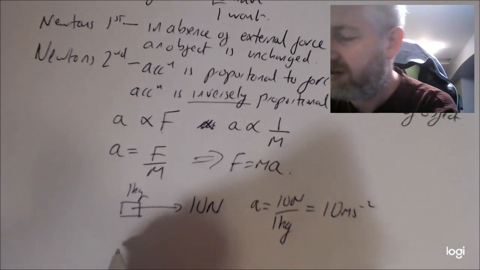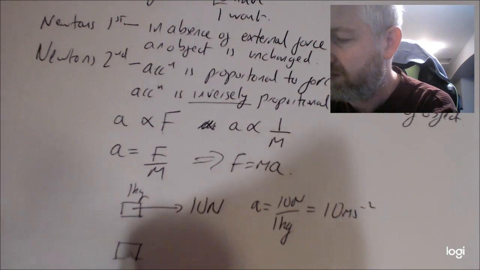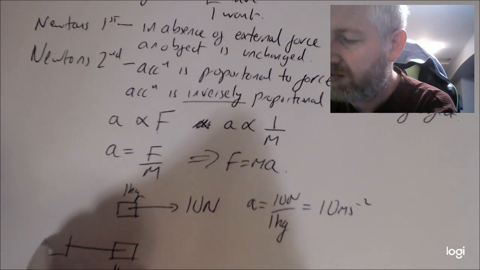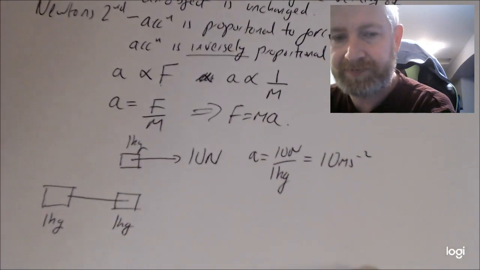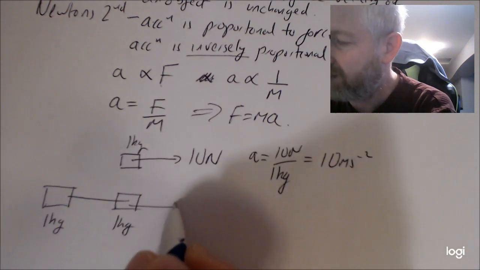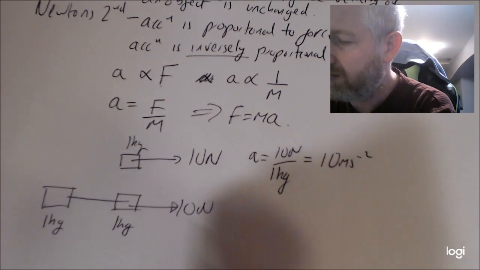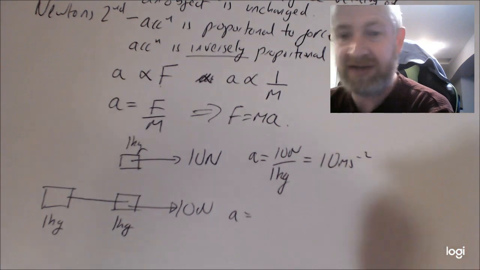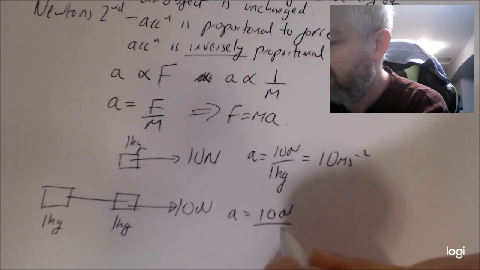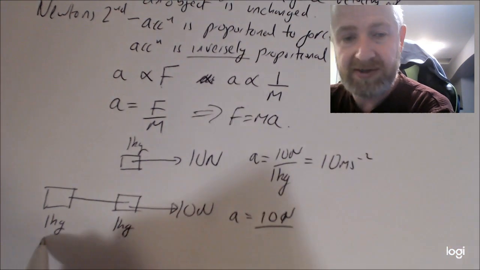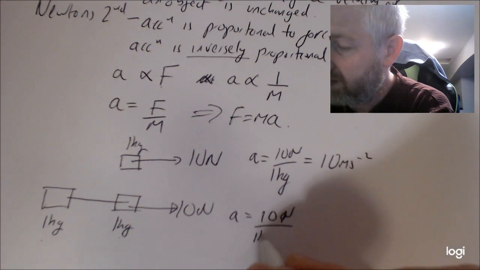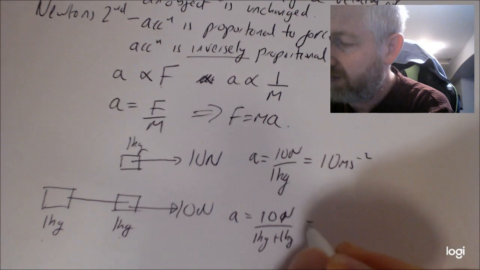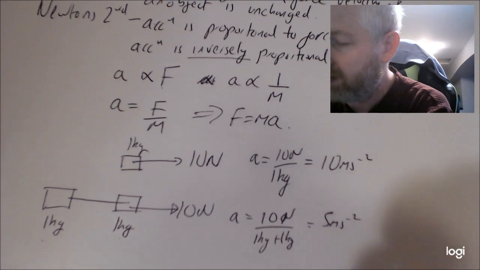Now suppose I've got a 1 kilogram mass attached to another 1 kilogram mass, and a force of 10 newtons acting on it. The acceleration is 10 newtons divided by the total mass, because you can't accelerate one without the other. So that's 1 kilogram plus 1 kilogram, and that's 5 meters per second squared.